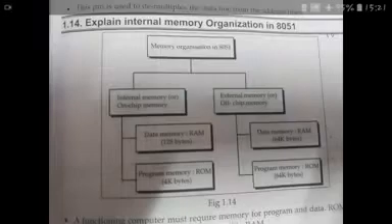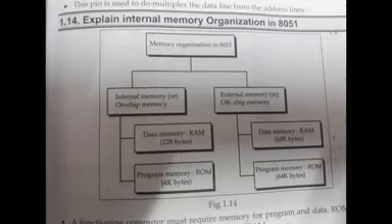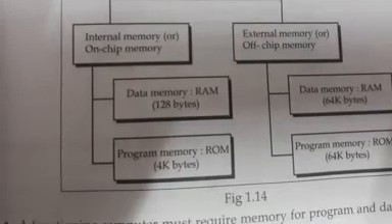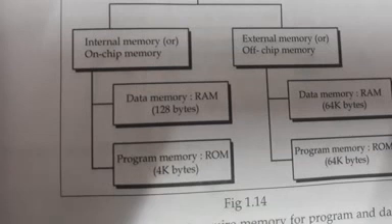In internal data memory, internal RAM, we have 128 bytes, whereas the size of internal ROM is 4 kilobytes.